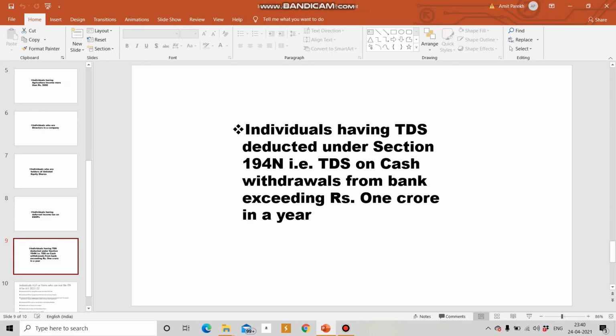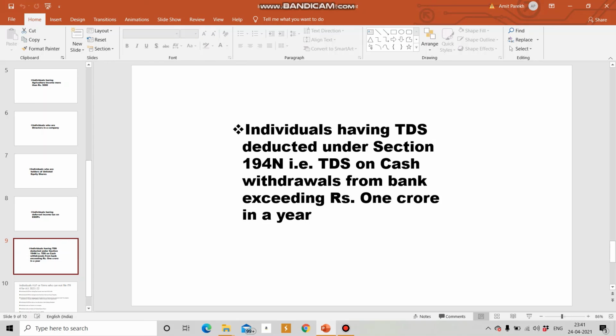There are some individuals having TDS deducted under section 194N. What is 194N? It means TDS on cash withdrawals from bank exceeding 1 crore rupees in a year. There are some high net worth individuals who withdraw a lot of cash from the bank for their business use or personal use.